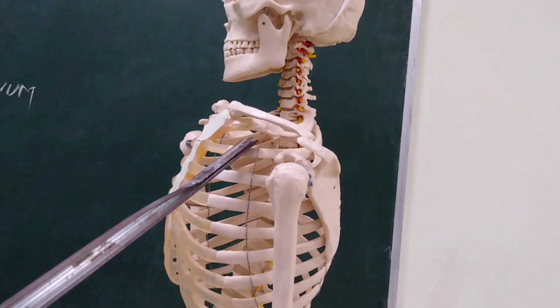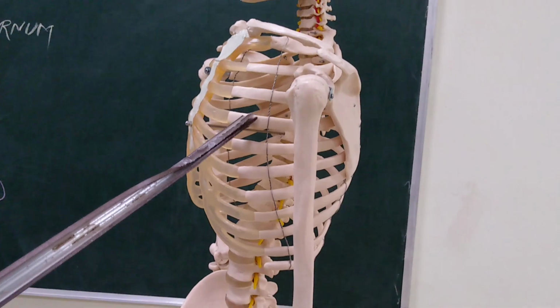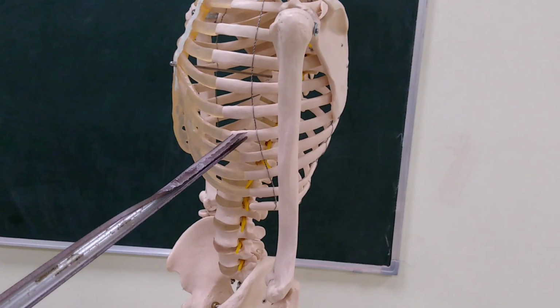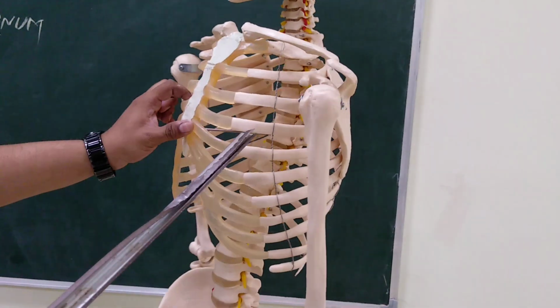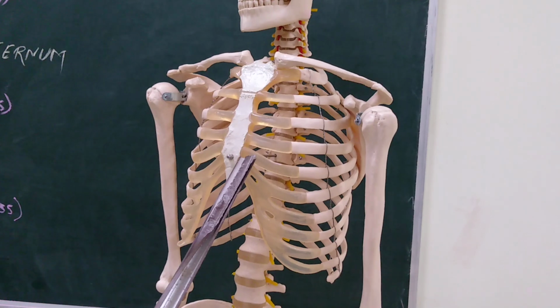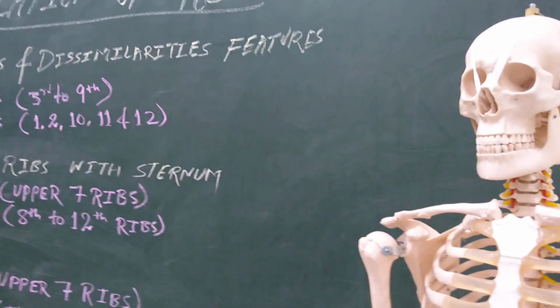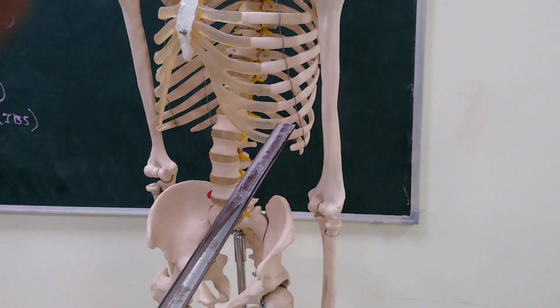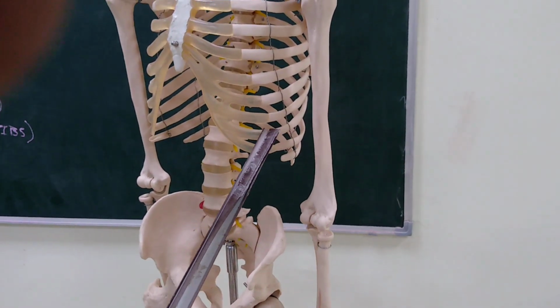The upper 7 ribs, first, second, third, fourth, fifth, sixth and seventh, are connected at the posterior end as well as anteriorly directly with the sternum. The vertebrochondral ribs are the 8, 9, 10.